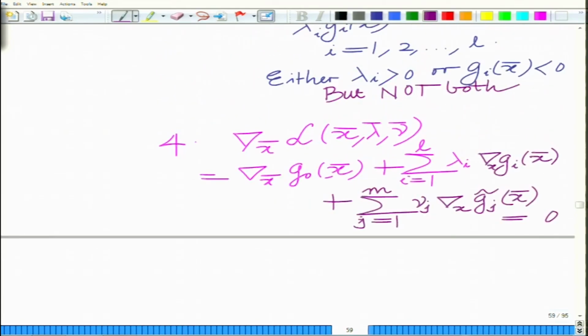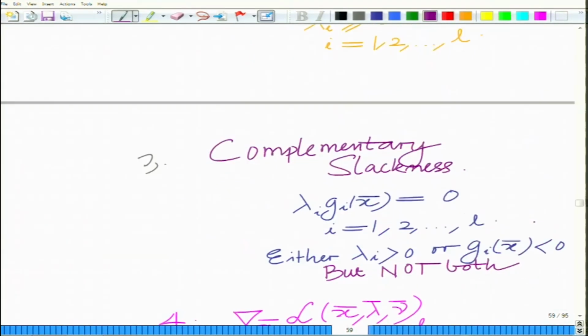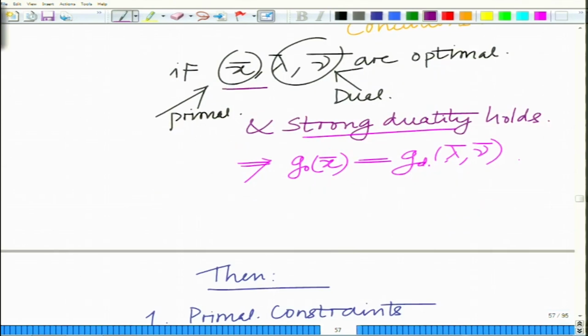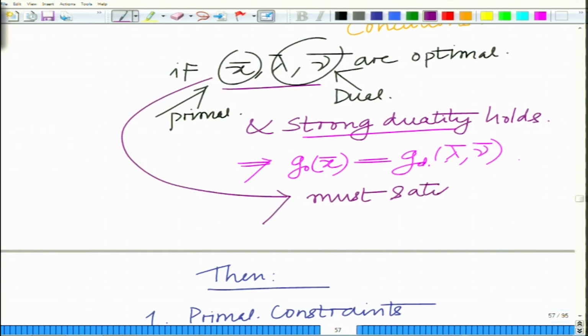All right. And these are the KKT conditions. If x bar, lambda bar, nu bar are the optimal solutions of the primal and the dual optimization problems and strong duality holds, then x bar, lambda bar, nu bar must satisfy the KKT conditions.